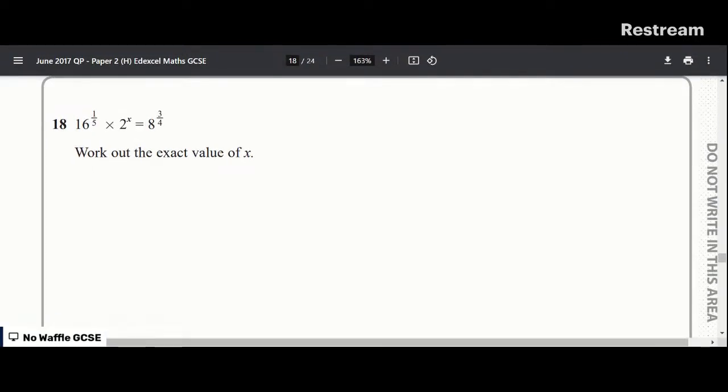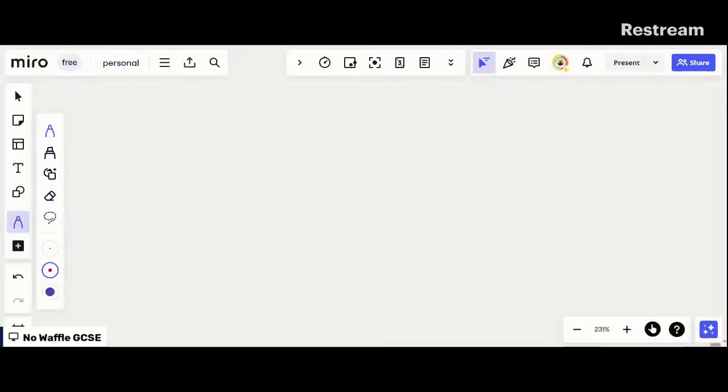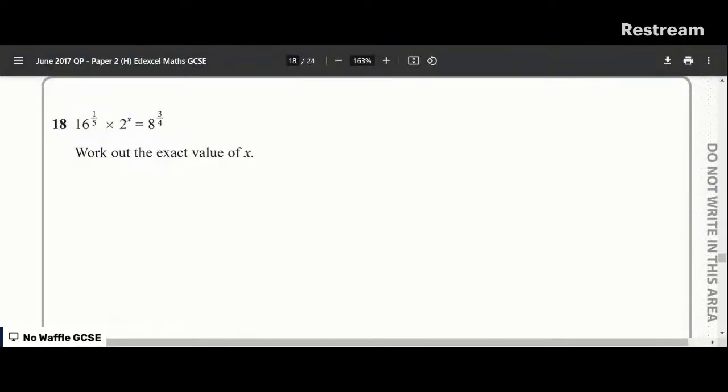Here we've got a question which is not too difficult. So going over that, we've got 16 to the power of 1/5. Notice that everything here can be written as a power of 2, and that should be our power to do that. So 16 to the power of 1/5.